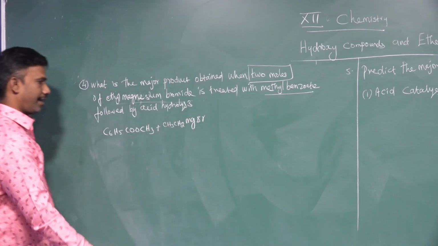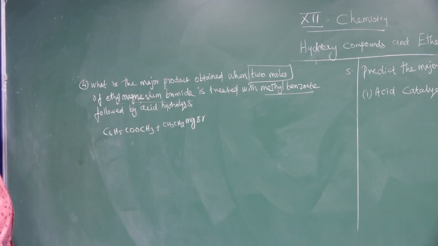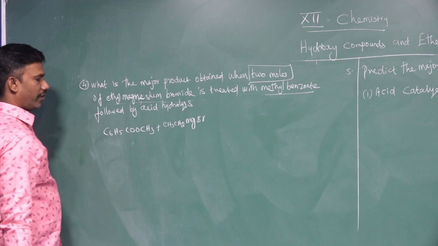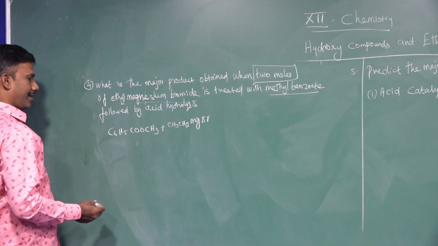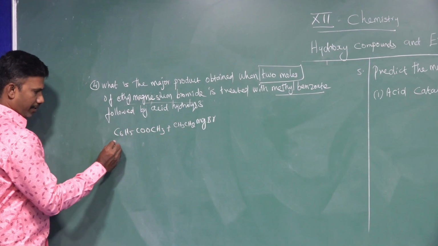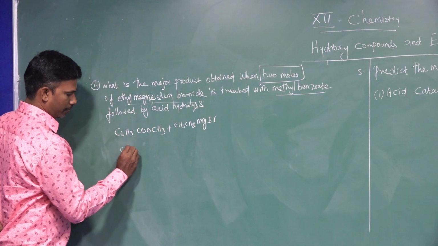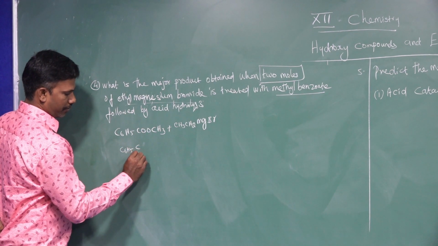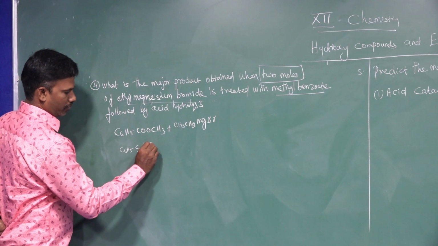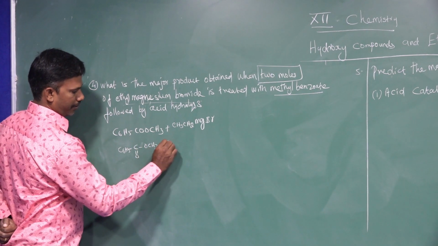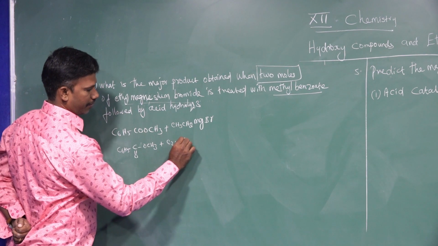Okay, this is the reactant they have given. The 2 moles: first 1 mole, what happened? Then another 1 mole, the next reaction. Always, for convenience, I am going to write these 2. C6H5, C double bond O, OCH3 plus C2H5MgBr.